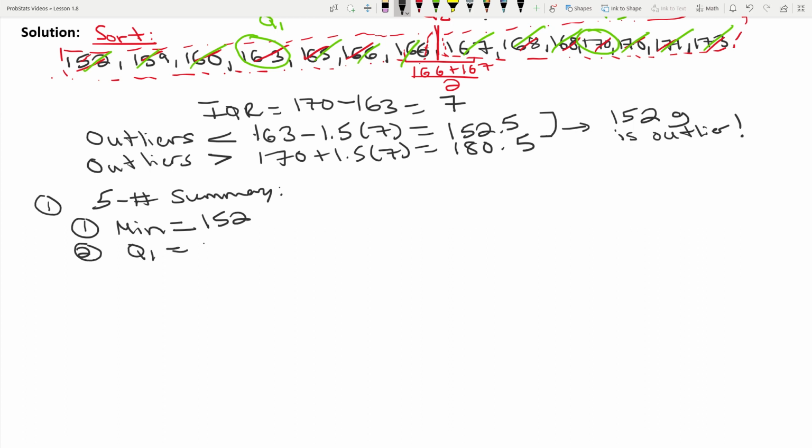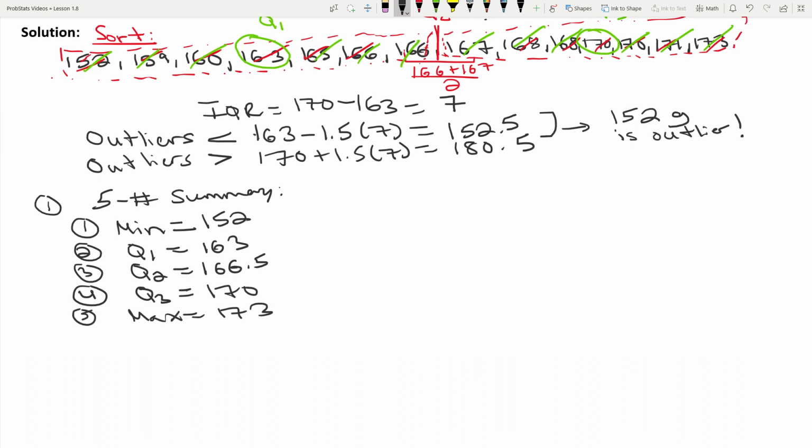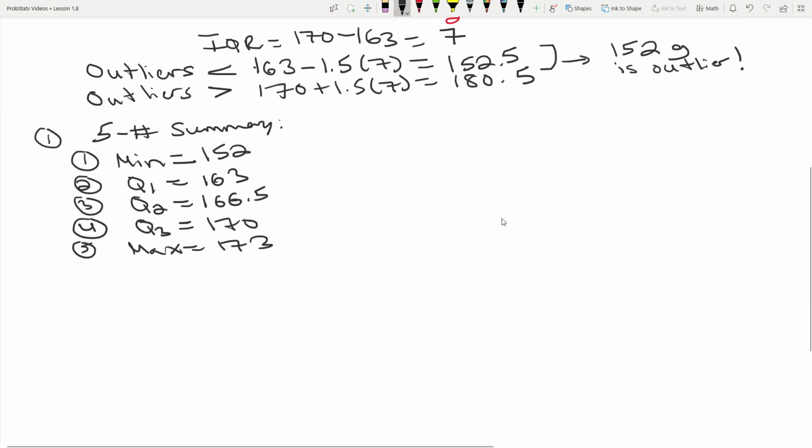The first quartile was 163. Second quartile is 166.5. Third quartile is 170. And the maximum is 173. All right, so we got step 1 here.